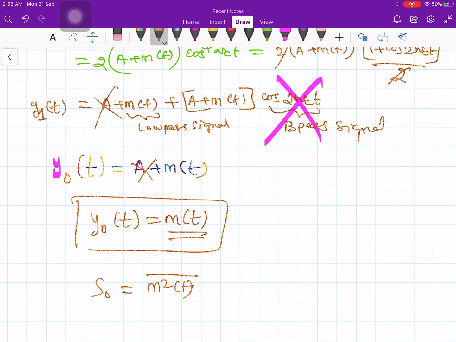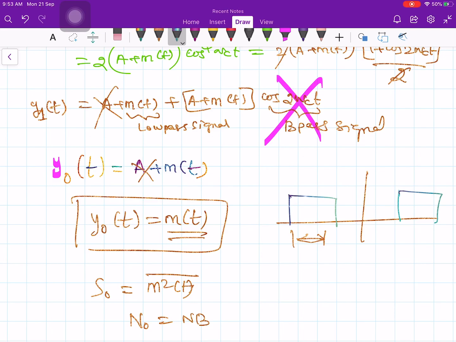As far as the noise is concerned, what is N naught? N naught is again NB. Why is it NB? You have like this and here like this. The total bandwidth is, sorry, it is an ideal band pass filter, right? And here also an ideal band pass filter. What is the bandwidth? 2B, and here also 2B.